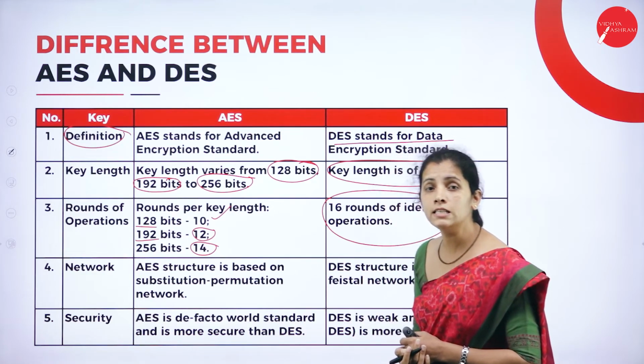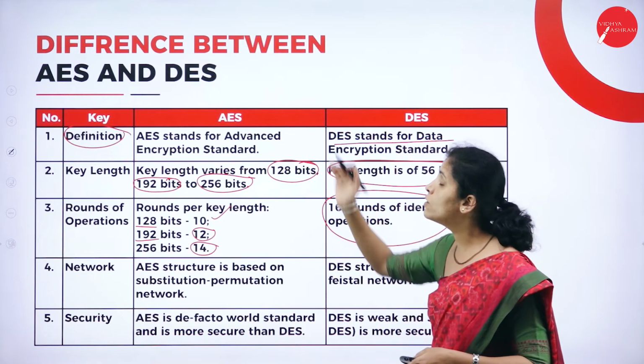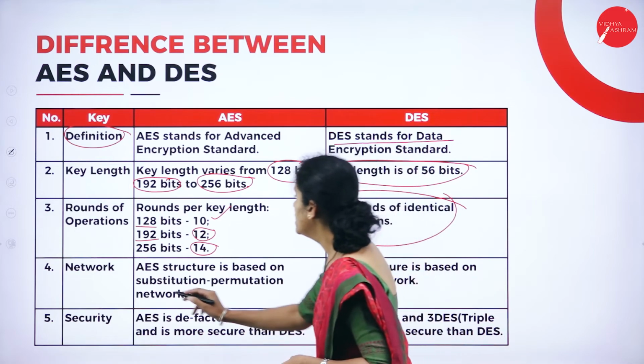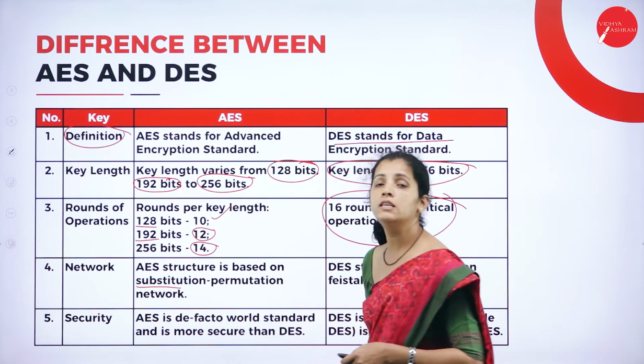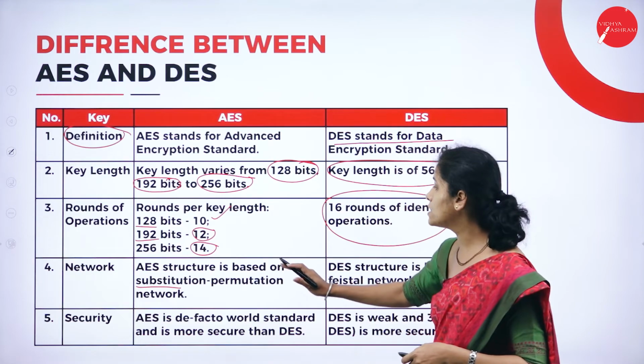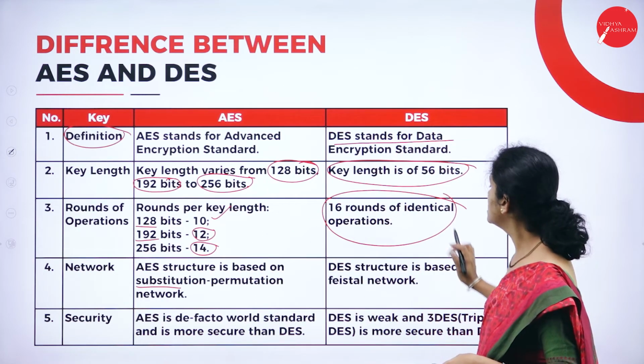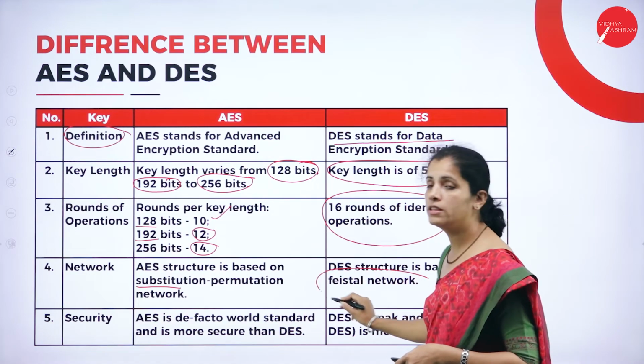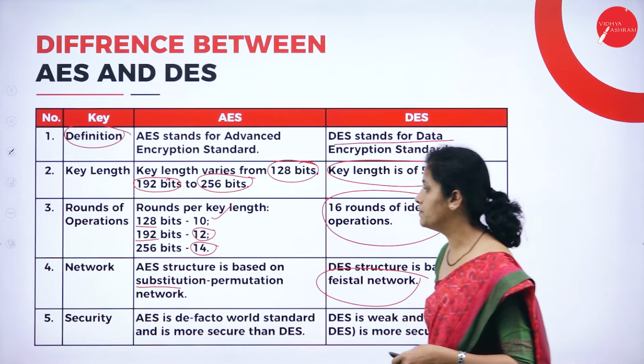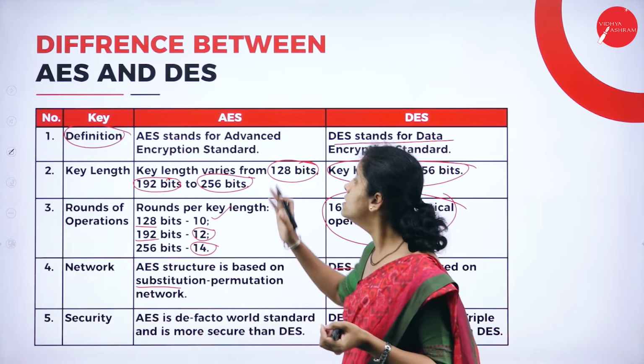And if I consider the network in terms of AES, it is mainly based on the substitution cipher as well as permutation. And DES is mainly based on the Feistel structure.